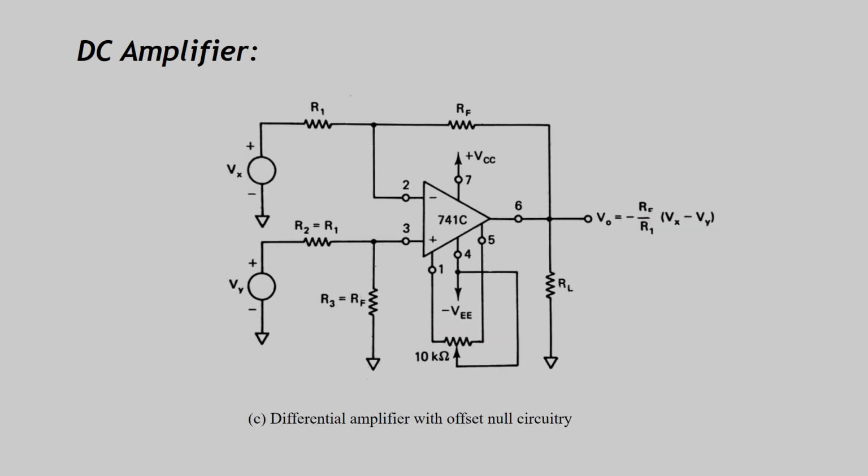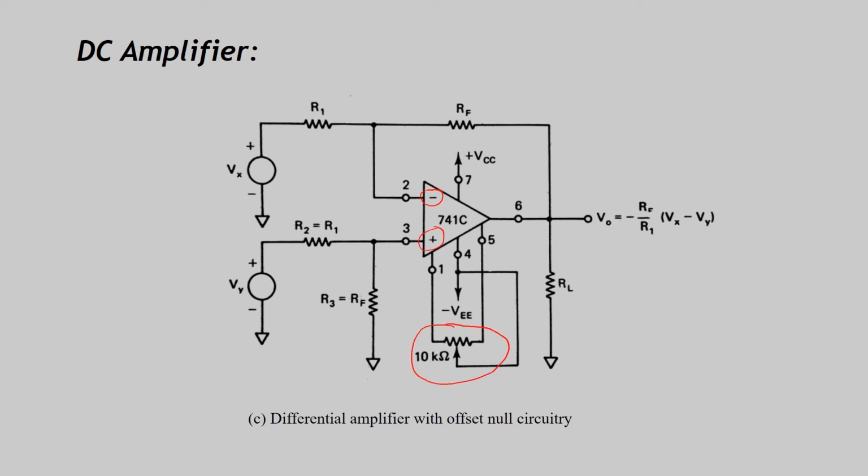Here you can again see a differential configuration, where the input is applied to the negative terminal as well as the positive terminal of the op amp, and here also the offset minimization is through a 10K pot.